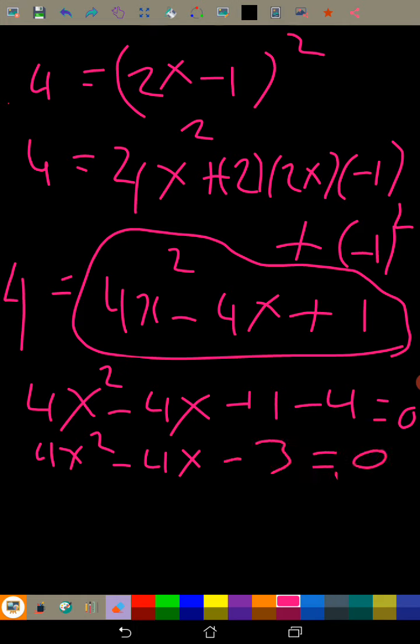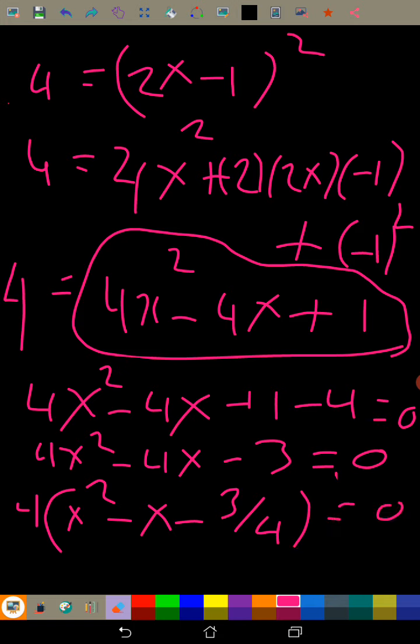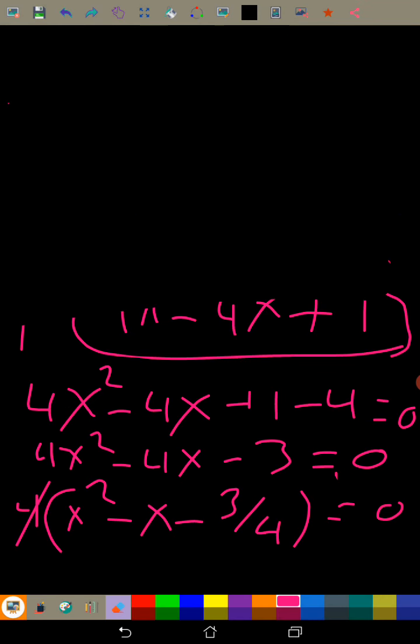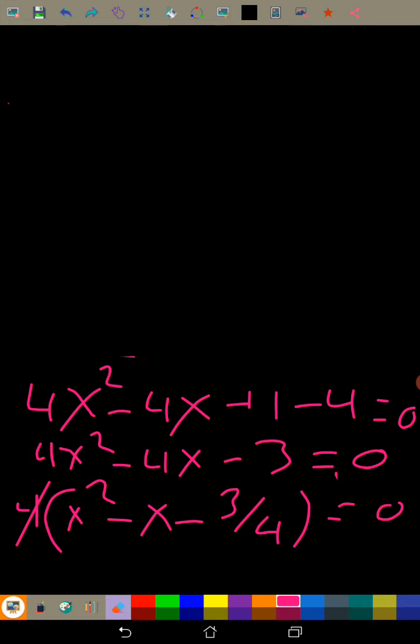So we have come to something that is very simple to us, and since we want to find the roots, we are going to put 4 outside. This is just a factor, so we can just divide by 4 on both sides and we get rid of it.